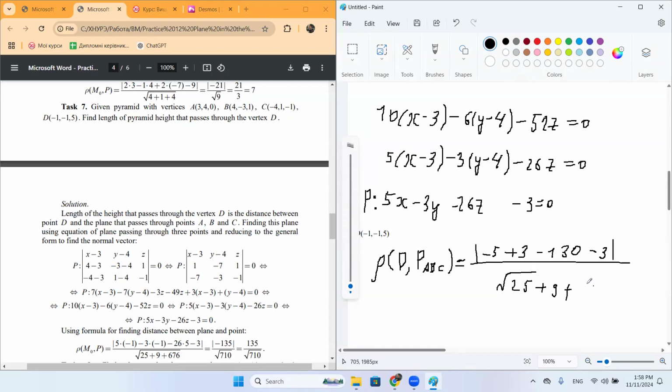So 676. So 135 here. And so 676 plus 25 plus 9, 710.